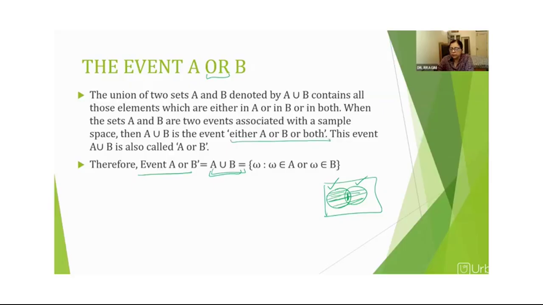That means even if we have something here, it is included in this whole shaded region. So that is A union B. It is a set which contains elements belonging to A or to B, and this is the shaded portion, right?